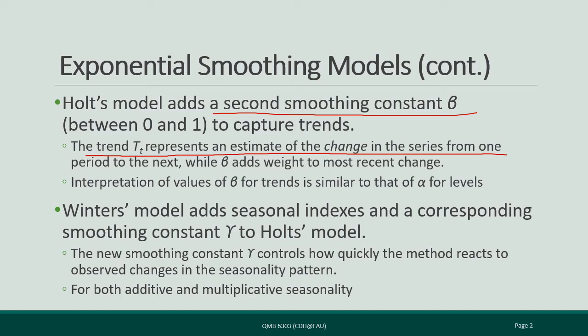But if we have a smaller beta, then the trend will stay very much the same over time, because we smooth out the trend with many different observations. When beta is very small, we're basically predicting that the trend will not change over time. So that's when we want to take into account the trend. But what about seasonality?